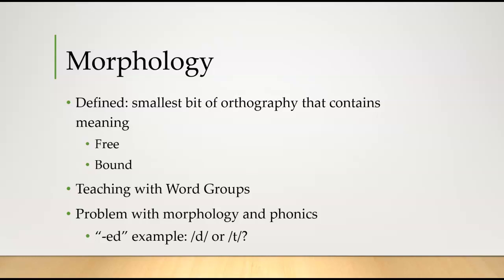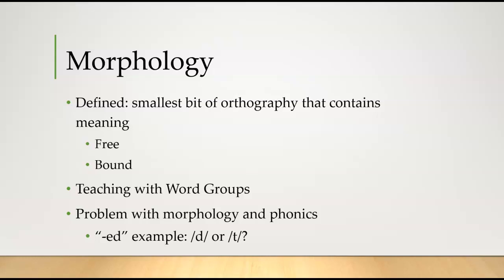Now, one thing I will mention is that because English is tricky, morphology and phonology do not always line up. A perfect example of this is the ed suffix for past tense. So do we pronounce that D with a D sound or T, D, or T? It depends on the word.